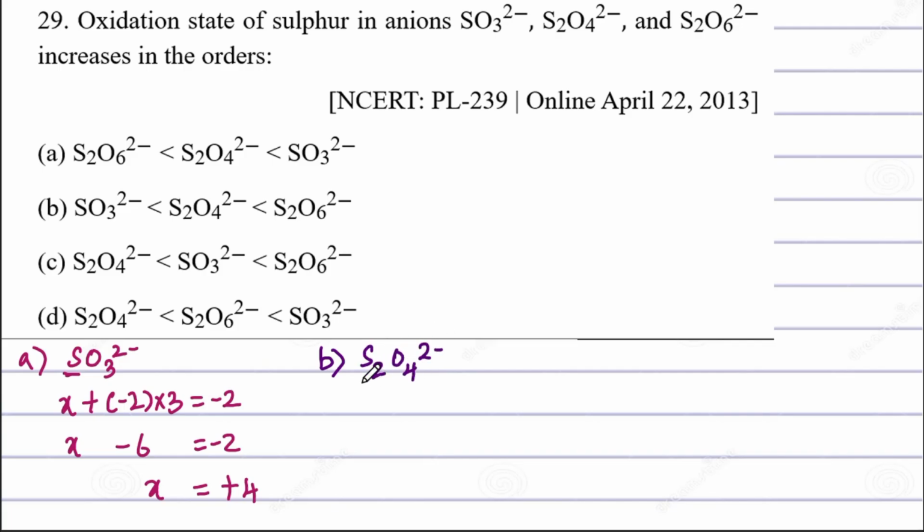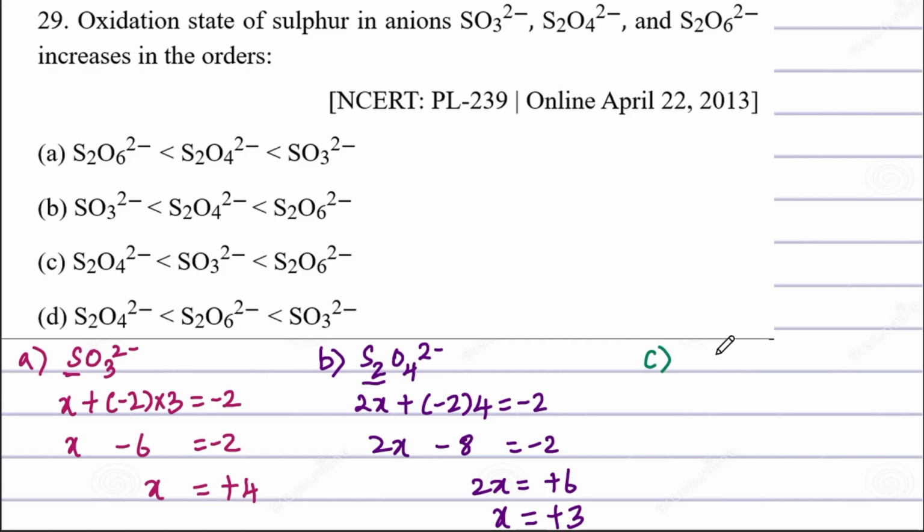S2O4 2 minus. 2x plus -2 into 4 equal to, the charge is minus 2. 2x minus 8 equal to minus 2. 2x is equal to plus 6. So the value of x is equal to plus 3.